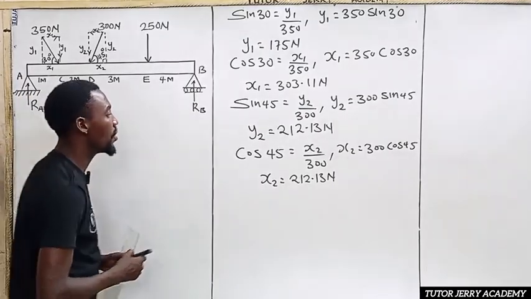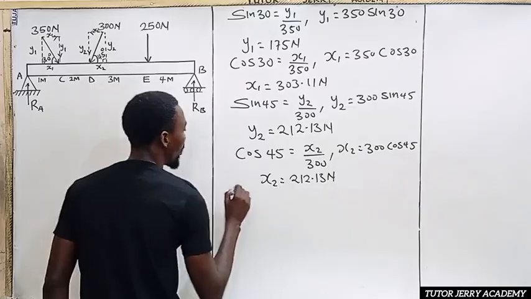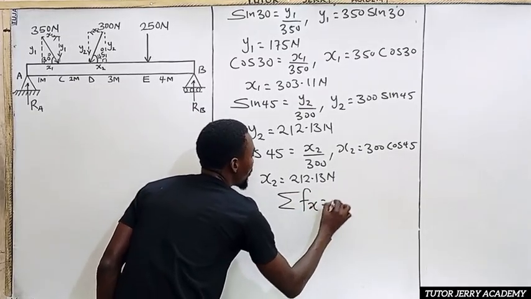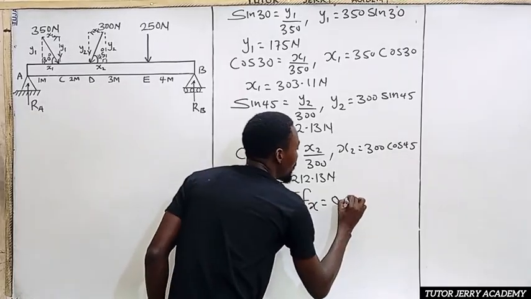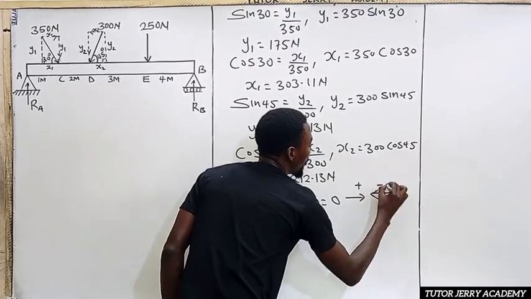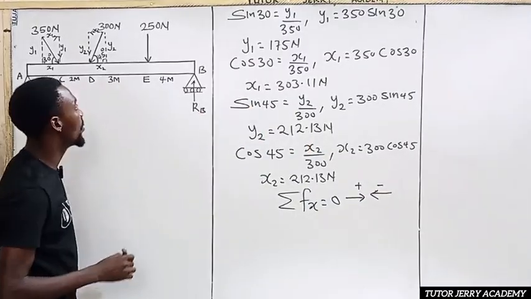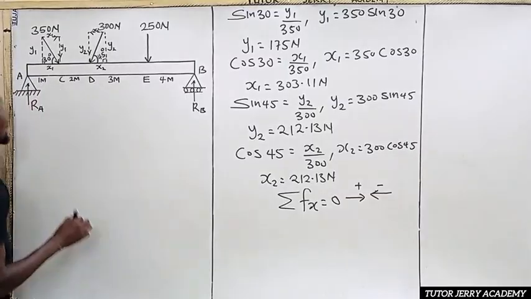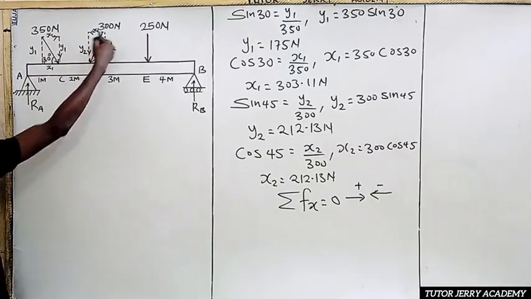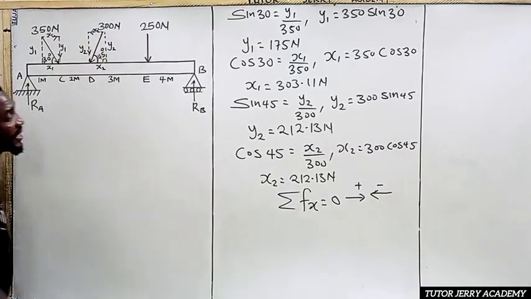Exactly. So here we are going to start with the summation of horizontal forces equals 0. Here we'll be taking this direction to be positive and anyone coming this direction to be negative. Now if you look at the two forces that we have here, S1 is going in this direction, so it's going to be positive, while this one is going in this direction, so it's going to be negative.